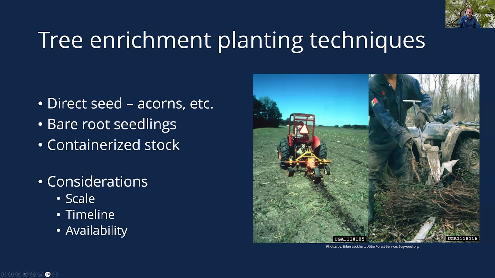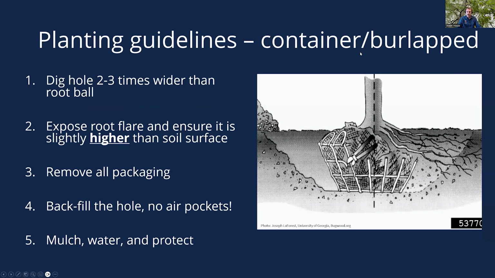This is an acorn seeder implement on the back of this tractor here, which can cover a large area very quickly for relatively low cost, just the cost of that acorn seed. But if you're working on a home landscape, something like this is not necessarily the best option. You might think about using either bare root or probably containerized stock in your planting.